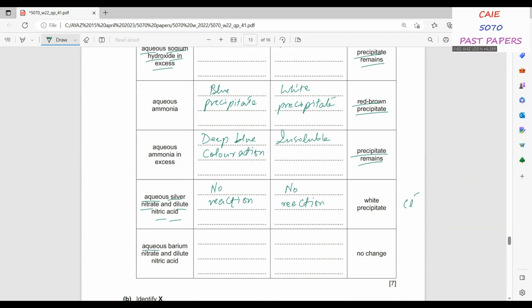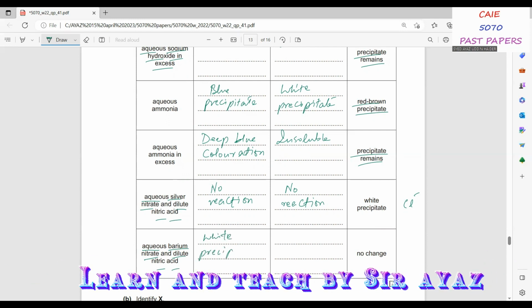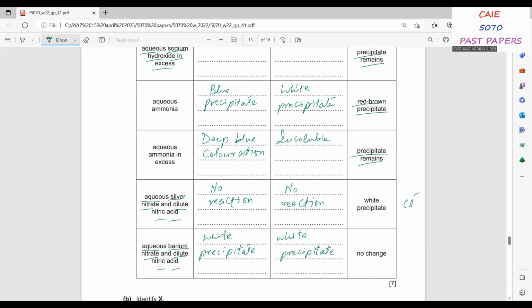What about with aqueous barium nitrate and dilute nitric acid? Both copper 2 sulfate and aluminum sulfate give white precipitate. And in case of X, there will be no change.